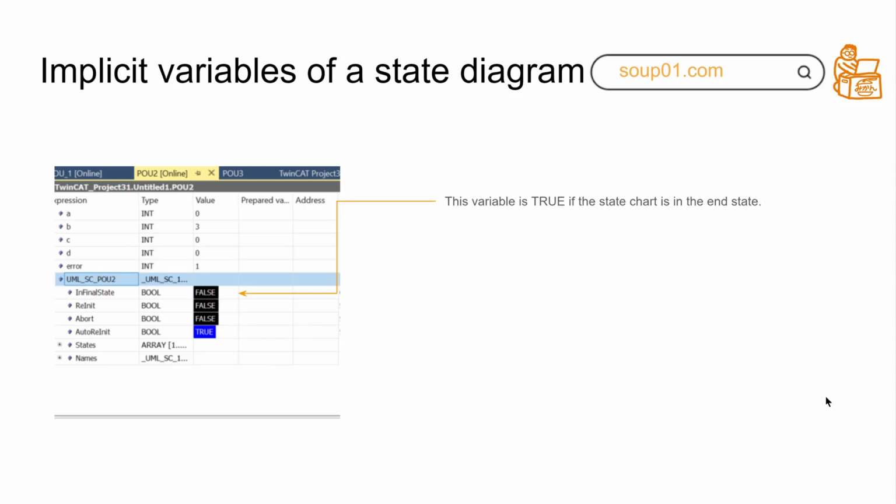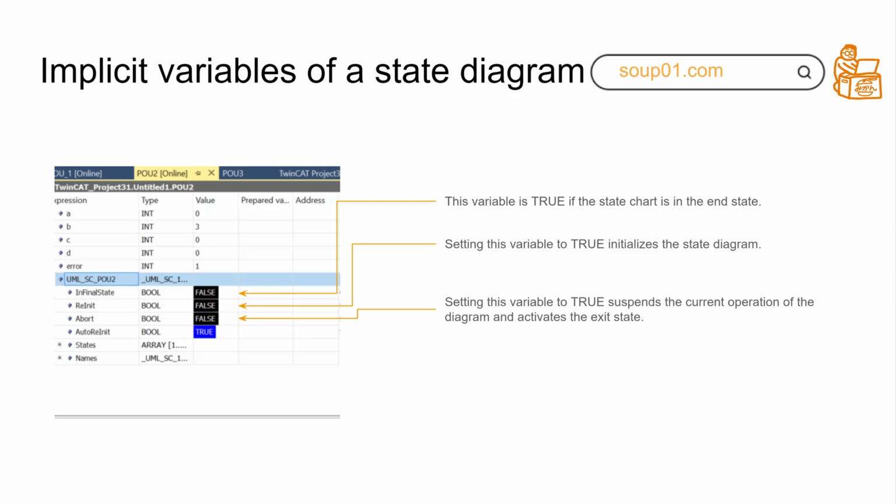The first is InFinalState. The variable is true when the StateChart is in the end state. Here is the reinitialize option: if you set it to true, the StateChart diagram will be initialized again.